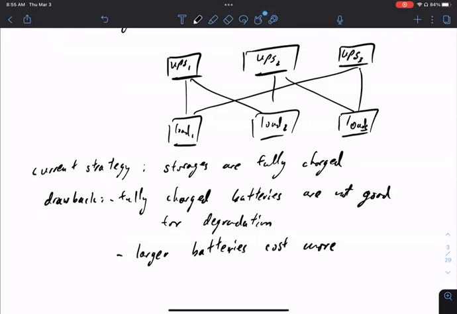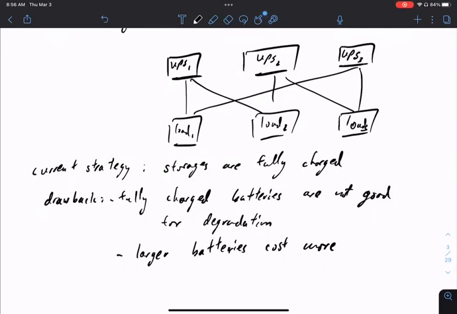So the newer generation, what people are trying to do is dynamic load balancing. Because I don't need to always assume these racks operate at full power. It's very rare for a data center to operate completely at full power. It's much more common, for example, that this rack operates at 50% power, this one at 70%, and so on.